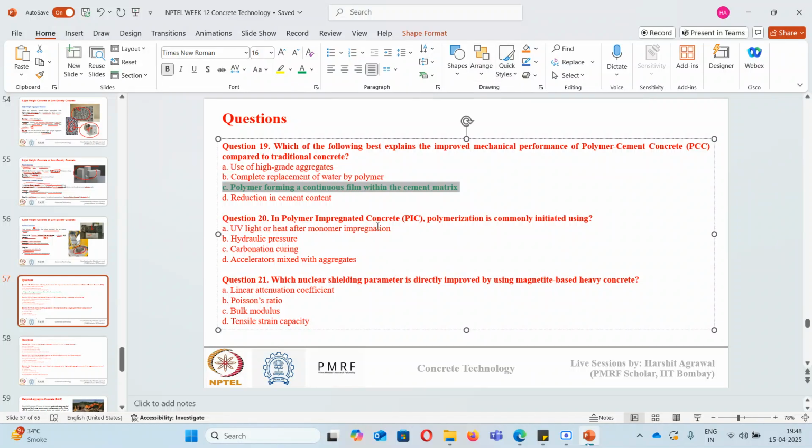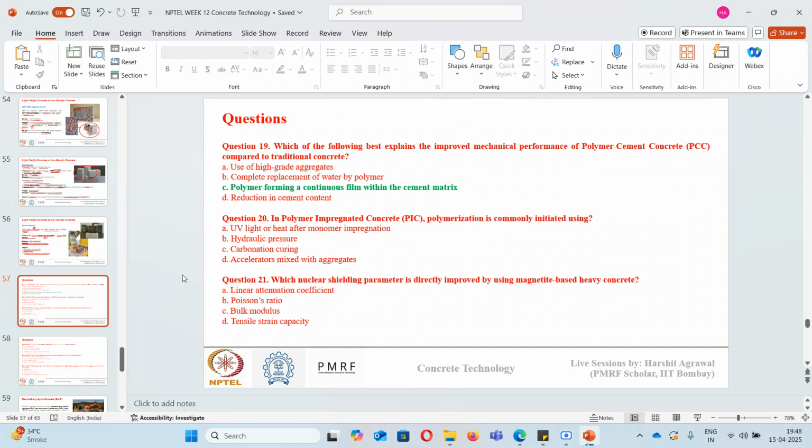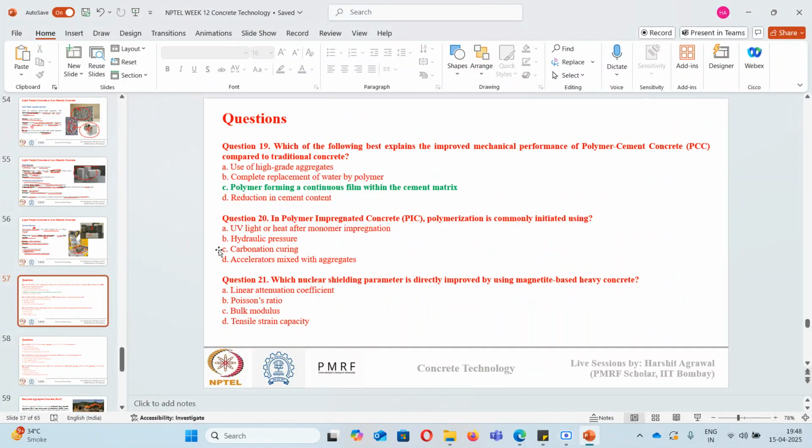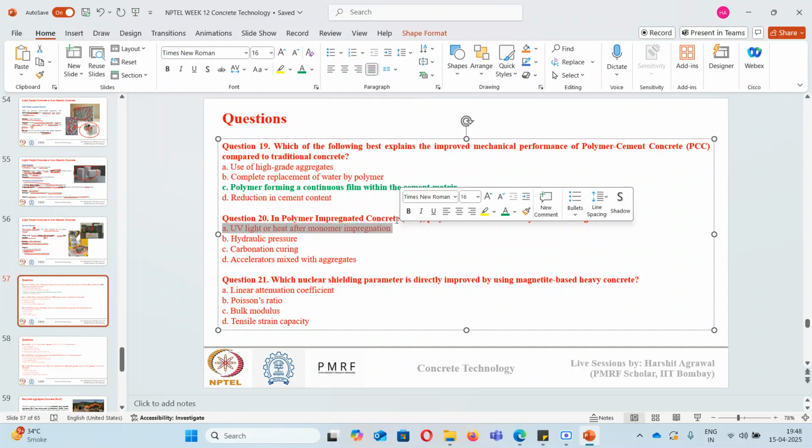Now, in case of polymer impregnated concrete, polymerization is commonly initiated using which process and how? As we have seen in the theory, I have mentioned that UV light or heat is used for polymerization.